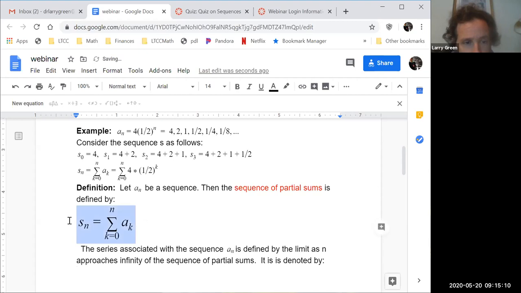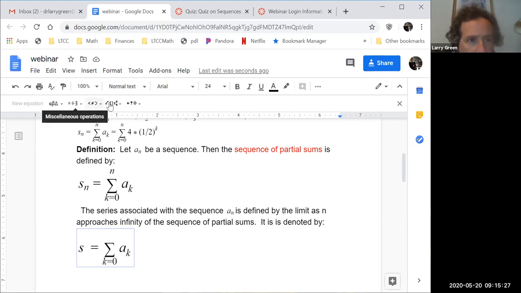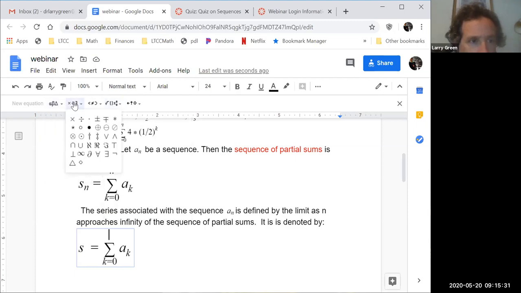very similar, so I'm going to copy and paste because it's that similar, except instead of an n, we're not going to even put anything because s is always going to mean that, but we're going to put an infinity.